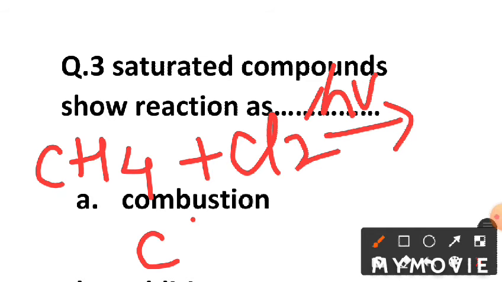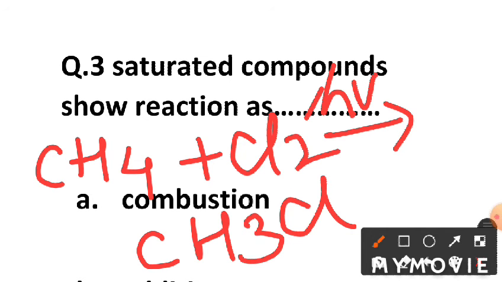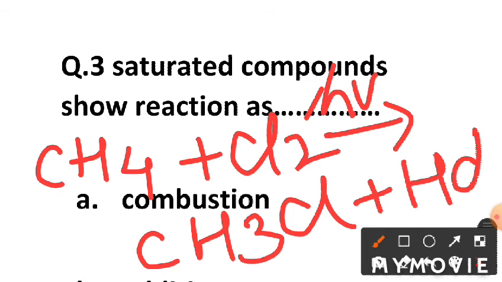It forms CH3Cl, chloromethane, and HCl. When chloromethane reacts again with chlorine in presence of diffused sunlight, it converts to dichloromethane, and again it reacts to form carbon tetrachloride, or tetrachloromethane.